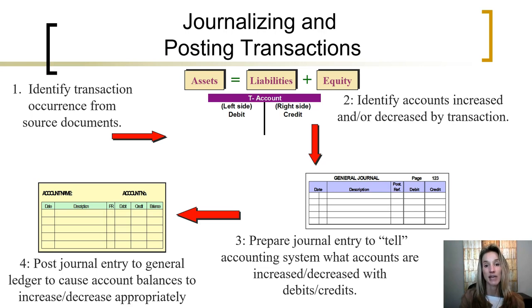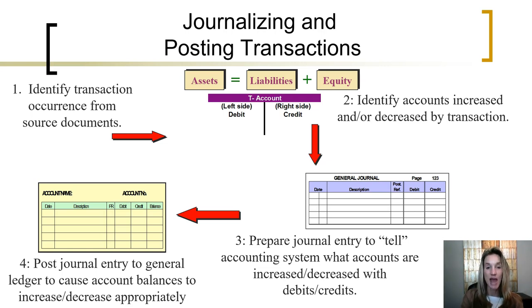Once we identify what account needs to be changed, we can identify whether that account requires a debit or a credit to effect the change. Once we identify what needs to be increased and decreased, and whether it's a debit or credit, we prepare a journal entry in the general journal, the original book of entry into the accounting system, to tell the accounting system what accounts are increased or decreased with a debit or a credit.